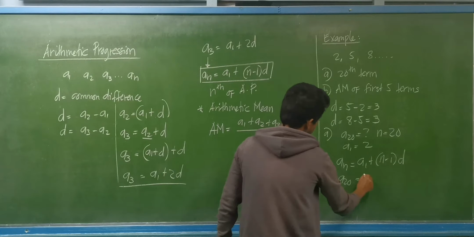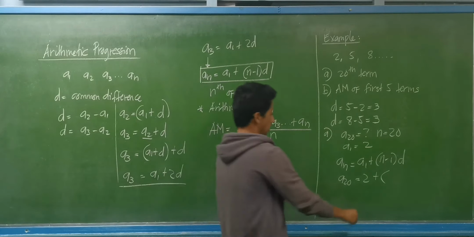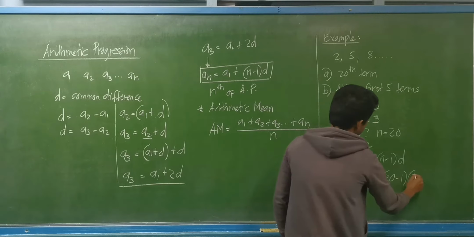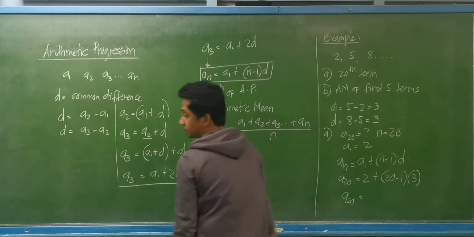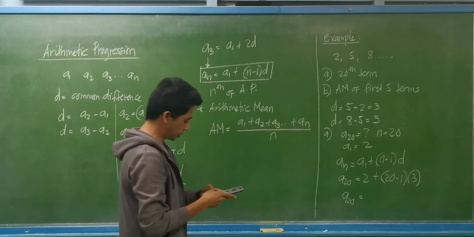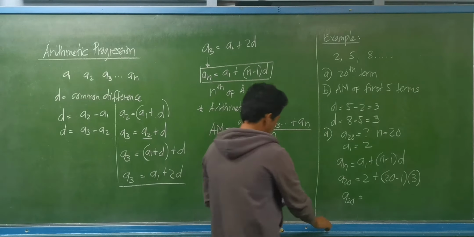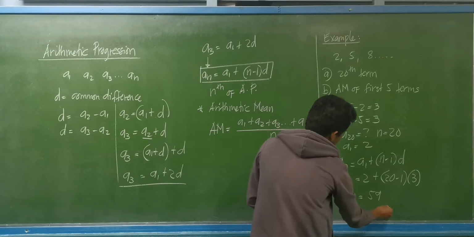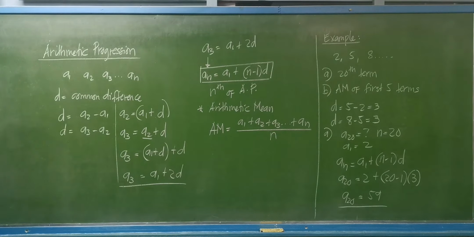Our first term is 2 plus, for the 20th term, 20 minus 1 times our common difference, which is 3. So that is 19 times 3, plus 2. Our 20th term is equal to 59. That's our solution for the first requirement.